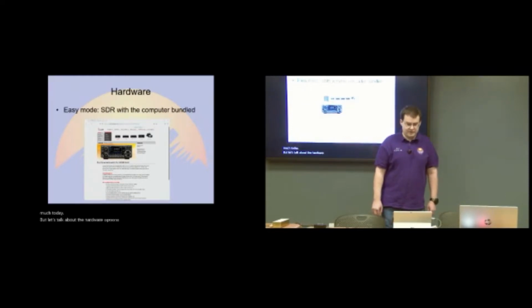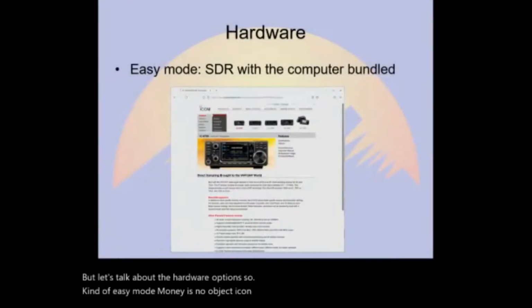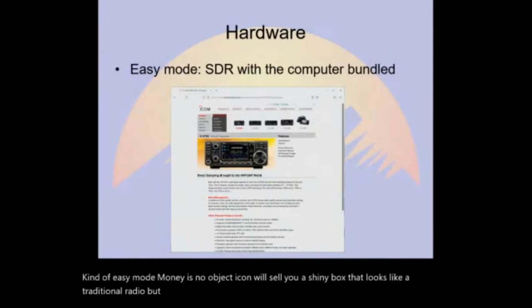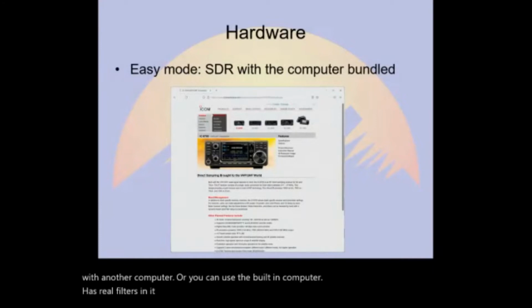So kind of easy mode, money is no object. ICOM will sell you a shiny box that looks like a traditional radio, but is actually doing SDR. And you can get the SDR data off it and process it with another computer, or you can use the built-in computer. Has real filters in it, probably a little bit narrower band than some of the other things we're going to talk about, but works really well and just does radio.